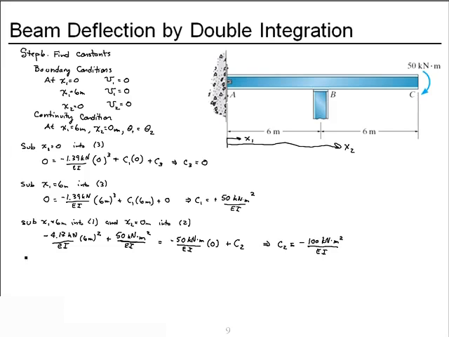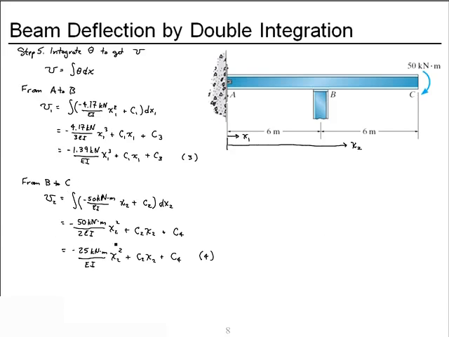So let's use our last boundary condition, and we'll substitute x2 equals 0 into equation 4, along with the constant C2 that we already have. We found this to be equation 4.